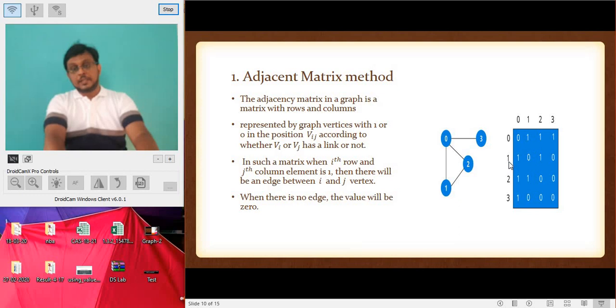See 1 to 3: there is no direct edge between 1 and 3, so here we are putting 0. So an element Vij in the matrix will have a value 1 if there is an edge between i and j, and if i and j do not have any edge, then its value will be 0. So Vij's value is either 1 or 0.